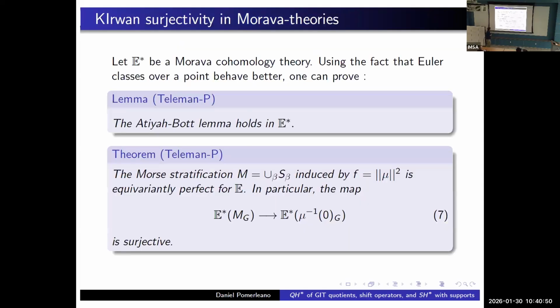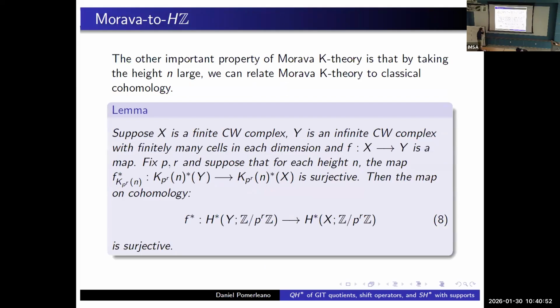Coming back to here, let's say one of my spaces can be infinite, but the other one is a finite complex. In this case, I'm imagining that I have this Borel space, my Y would be the Borel space, and I'm looking at mu inverse of 0 mod G, which I'm assuming is, as a homotopy type, a manifold.